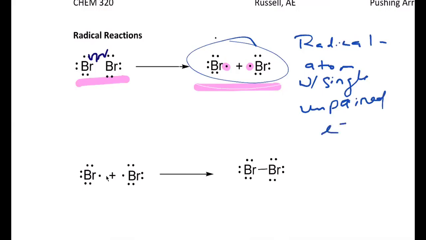Right, I should make a note that when we're talking about radicals, normally this is reserved for nonmetals, because you have metals like sodium that are 1 electron donors, lithium 1 electron donors. So when you're talking about something that's a radical, that terminology is normally used for nonmetals, not metals.